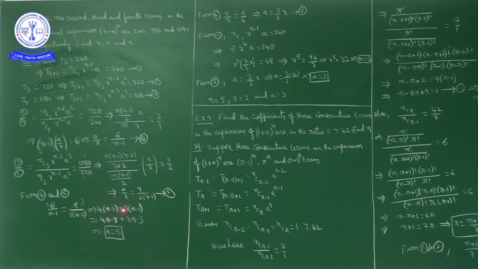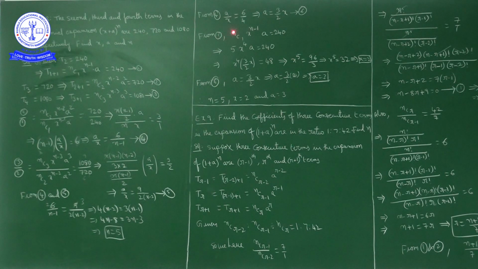So 4n minus 8 is equal to 3n minus 3. So 4n minus 3n, n is equal to 8 minus 3, which is 5. So n value is 5.